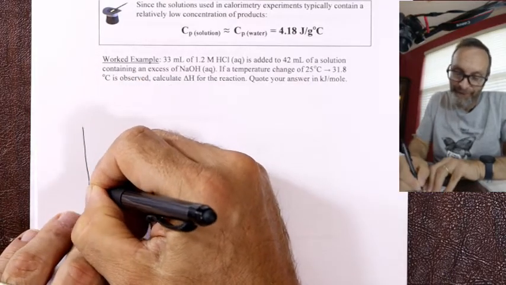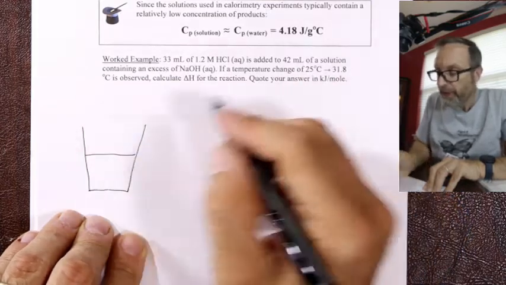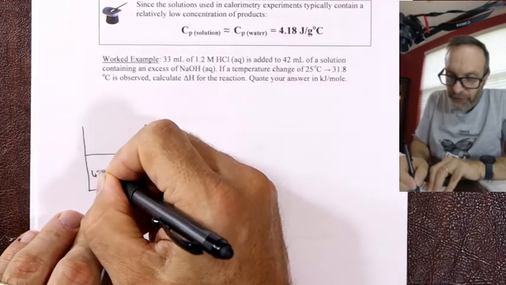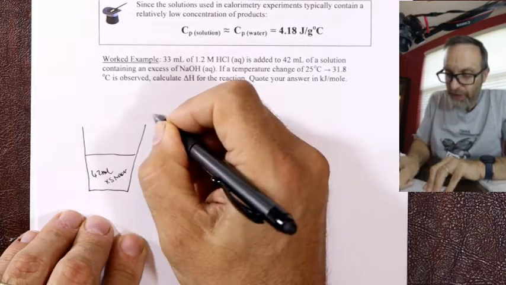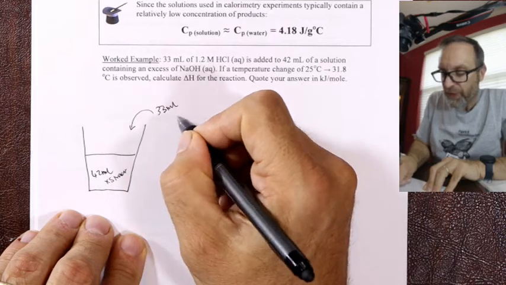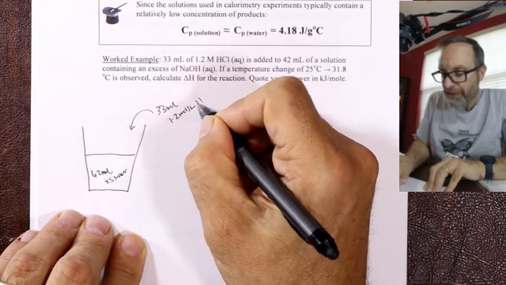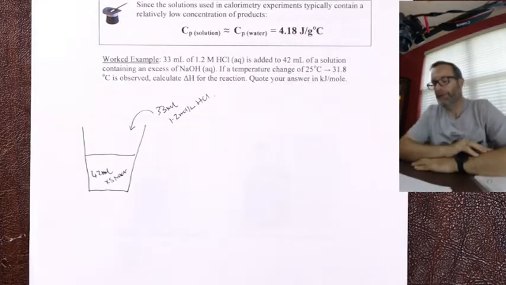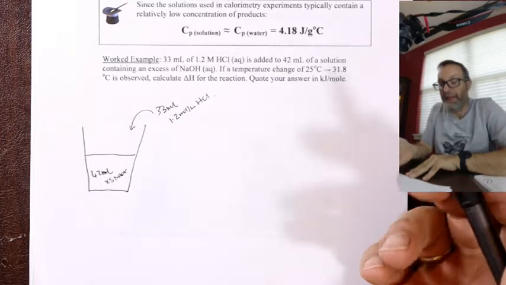Draw a picture. 42 milliliters excess NaOH. We're throwing in there 33 milliliters of 1.2 moles per liter HCl. We see a temperature change of this, calculate delta H.